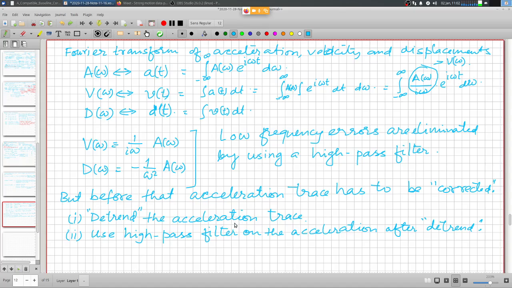So once we do this, we can go ahead with the further processing.